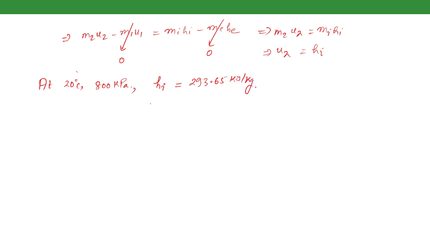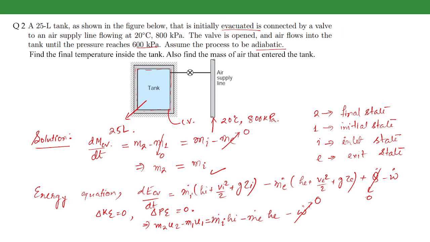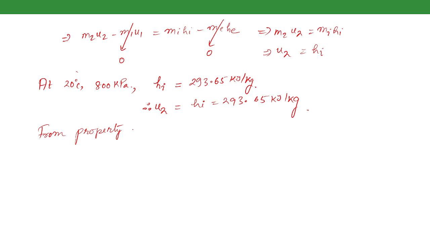And therefore u2, that is final internal energy, is equal to this one. Now from the property table of air, we have been told that the final pressure inside the tank is 600 kPa.